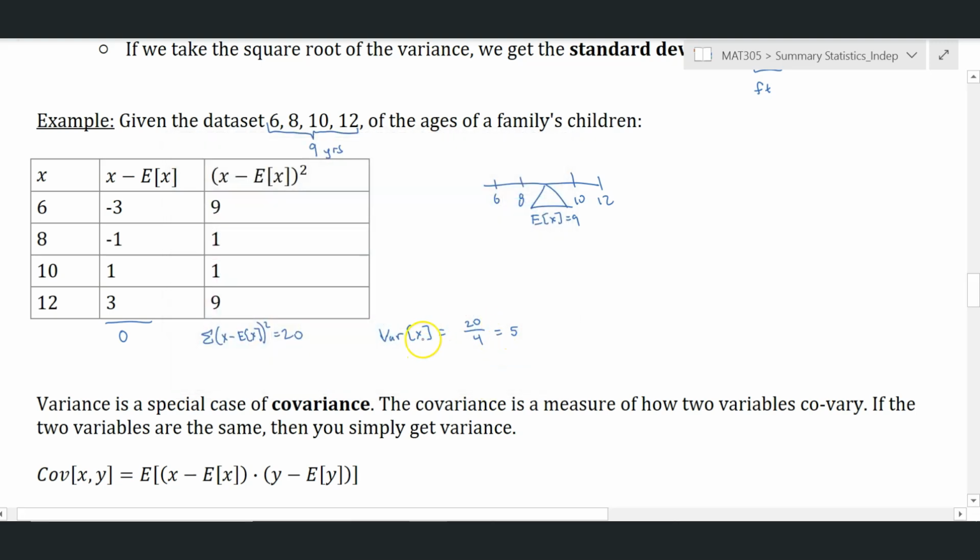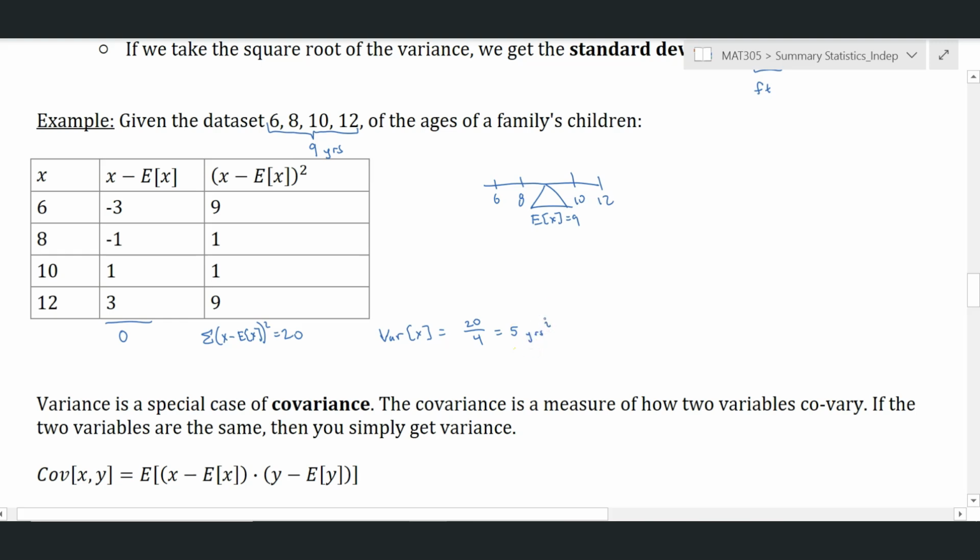Now the variance by itself, as we've described, is not an entirely useful measure. It doesn't describe how spread out the data is, because remember, if x was in years, then squaring years minus years would give you years squared.